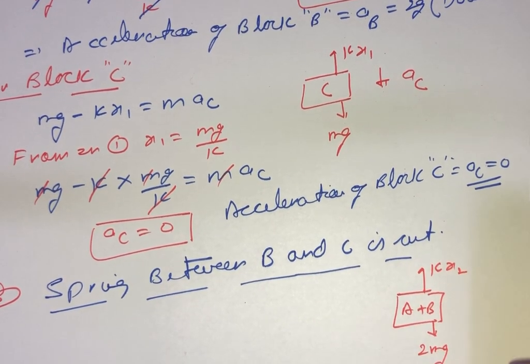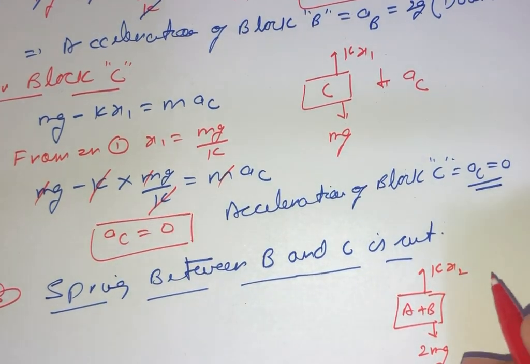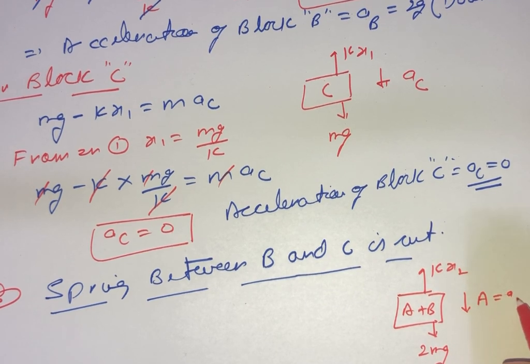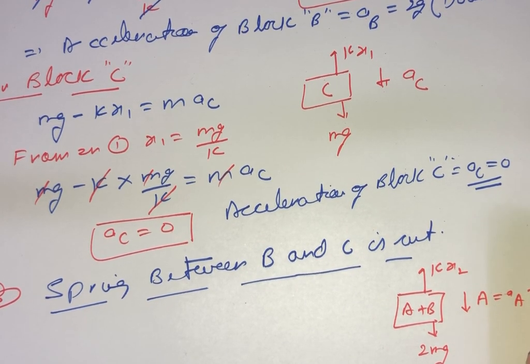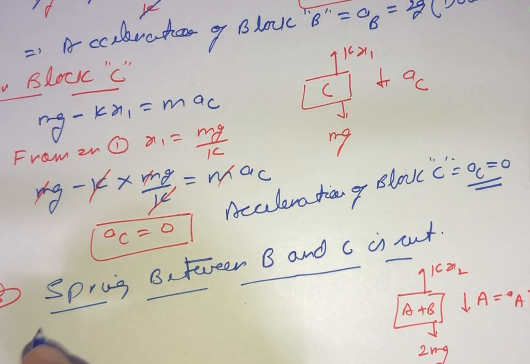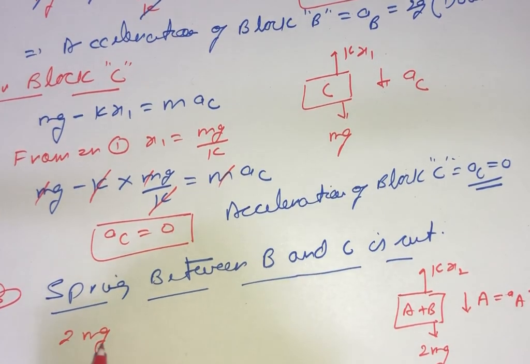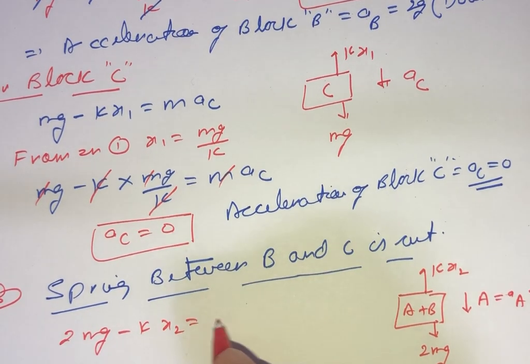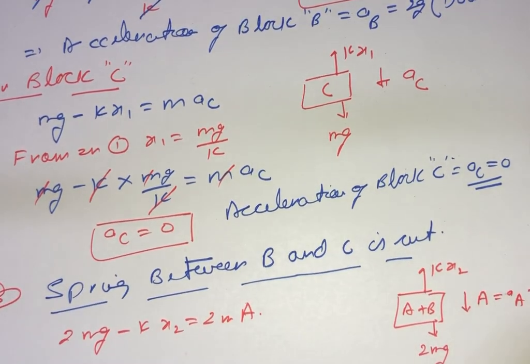Let us suppose it is moving in the downward direction with acceleration capital A, which will be the acceleration of A and acceleration of B, the same value. So from here we can see that 2mg minus kx2 is equal to 2m capital A, and we already found out the value of x2.